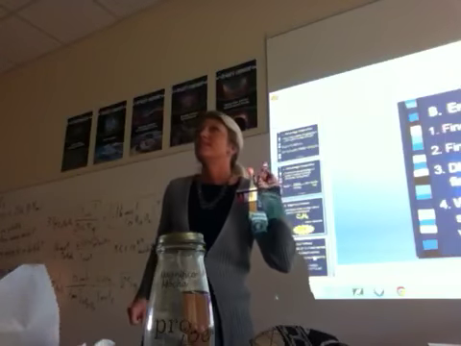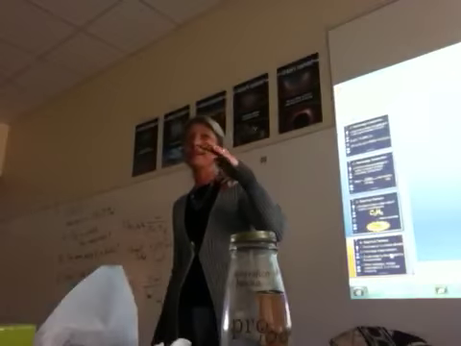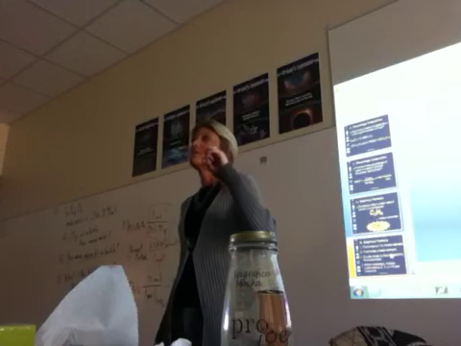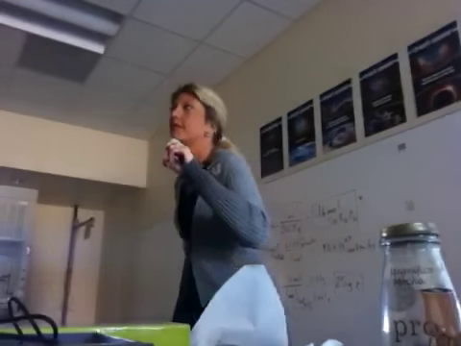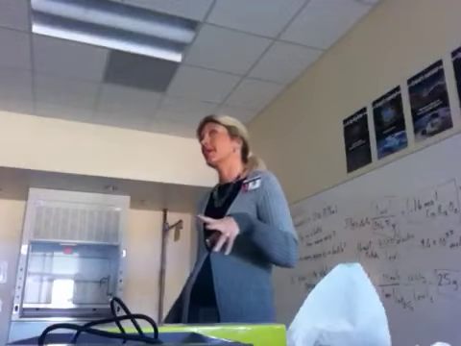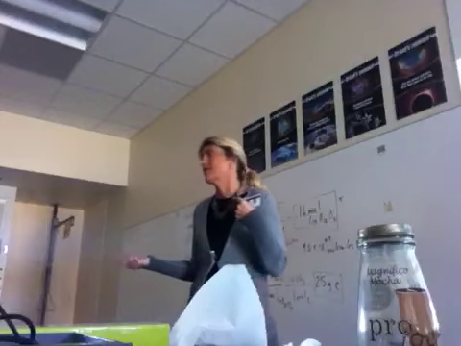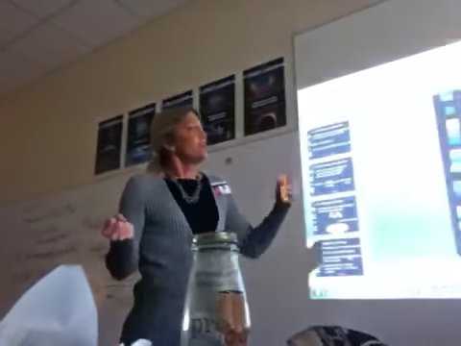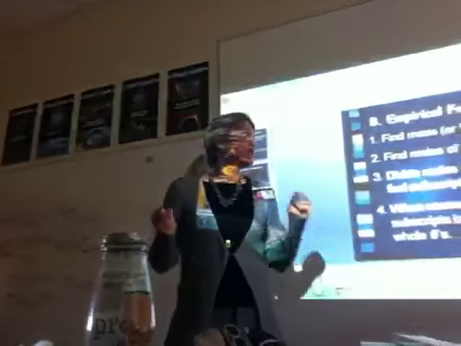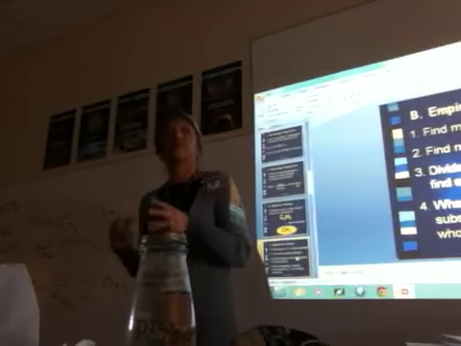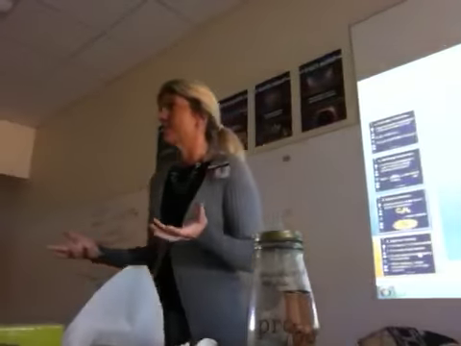Step 2, you're going to find moles of each element. How do we do that again? Divide by the what? The molar mass, red number on the periodic table, just like from chapter 3, we're converting grams to moles, okay? Then you want to divide moles by the smallest number to find the ratios or to find the subscripts, okay?